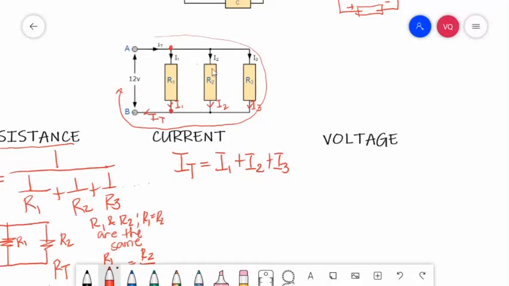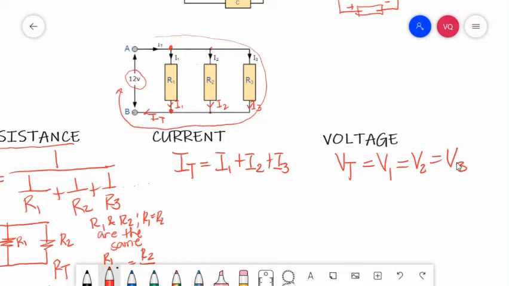If you place a voltmeter across the terminals of R2, you will read the same voltage as your source voltage. So, the voltage drop across R1 is equal to your total voltage or source voltage. Total voltage is equal to V1, equal to V2, equal to V3.